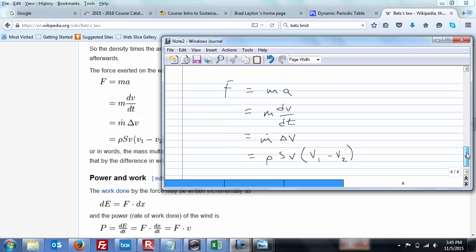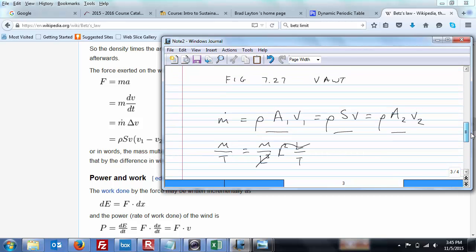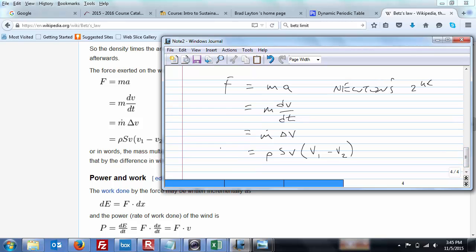Pretty cool. Okay, so we've taken Newton's second law and more or less combined it with this conservation of mass equation. So this is the force pushing on the blade.